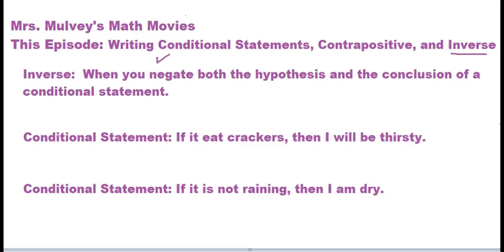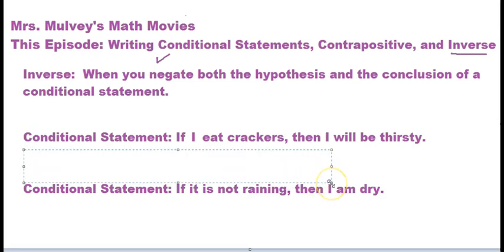So let's take a look at these two conditional statements. My conditional was, if I eat crackers, then I will be thirsty. To write the inverse, I keep the order of the hypothesis and conclusion the same, except I negate each part.